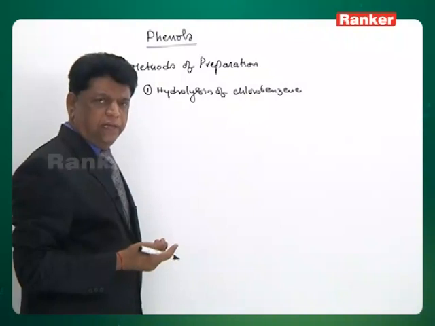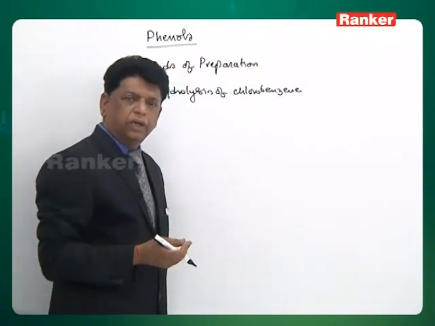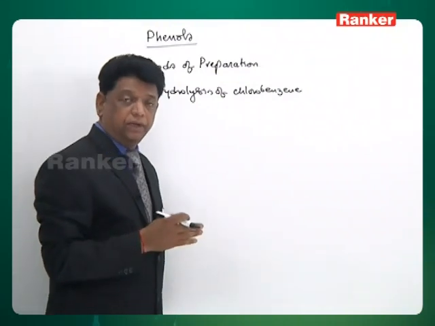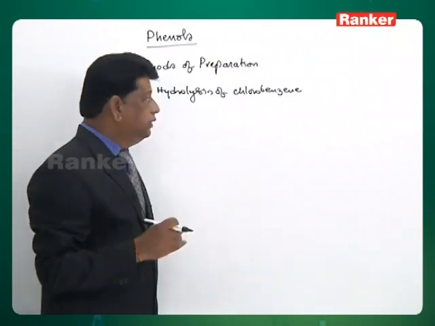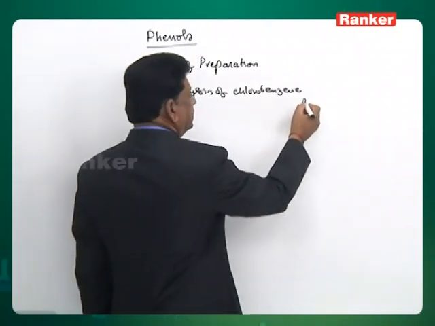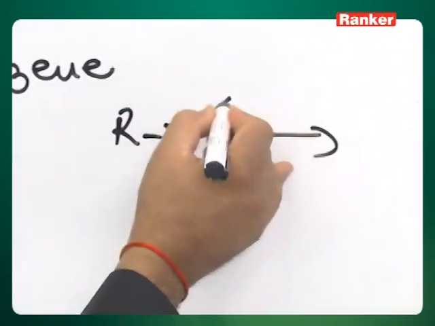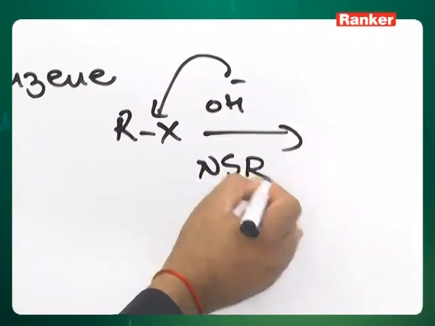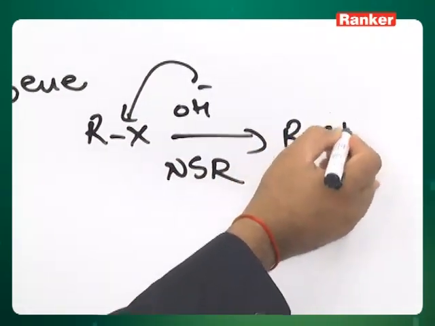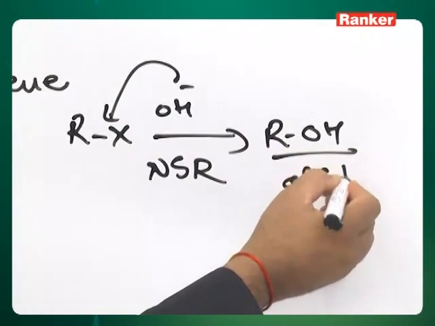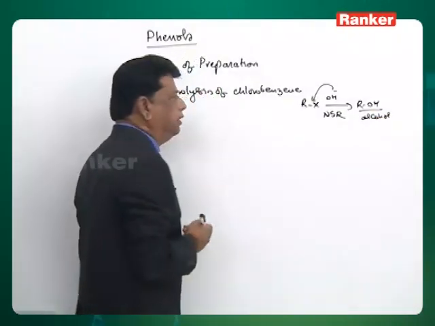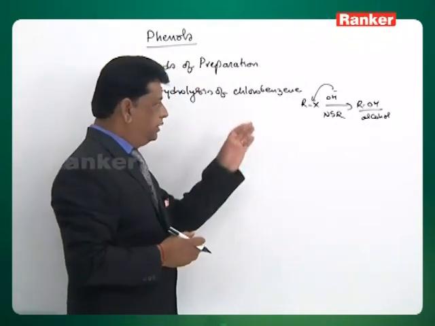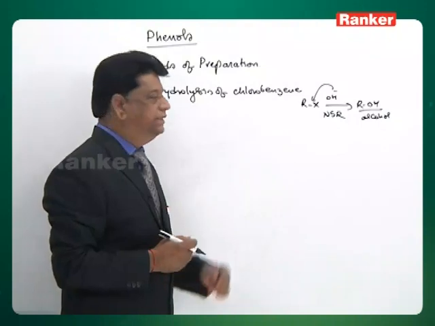Aliphatic systems like methyl chloride and ethyl chloride undergo very facile hydrolysis, because the halogen attached to the system like RX, OH minus readily attacks and shows a nucleophilic substitution reaction to give the alcohol. So in the case of alcohol, the reaction happens to be very easy, because alkyl halides favor nucleophilic substitution, X goes and OH comes.